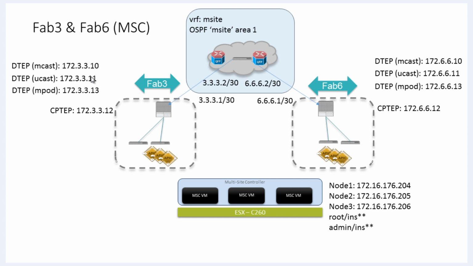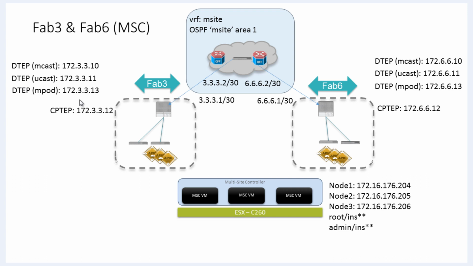Below that is my unicast address. If I have to have traffic sent to a single site, that's where my destination TEP would use the unicast address. And below that we have a multipod TEP address. Right now, with the current implementation at 3.0, we're only going to be supporting a single pod. We're not going to be supporting multipod plus multi-site in this version.